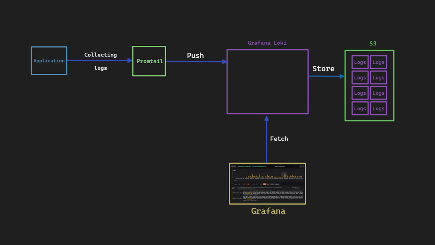And S3, as compared to EBS, is cheaper, and it can store any amount of logs coming from Grafana Loki. At the same time, you can use Grafana Loki to cache the current data, or the data that the user wants to check from the Grafana visualization tool.